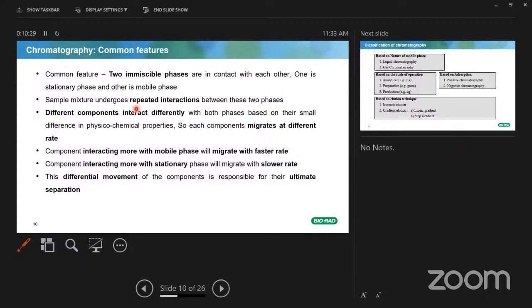The component which interacts more with the mobile phase comes out of the column faster, and the component which interacts more with the stationary phase, that is what is packed inside the column, migrates later. So that is where the separation happens. A differential movement, the difference between these two, is the ultimate need for resolution or separation.